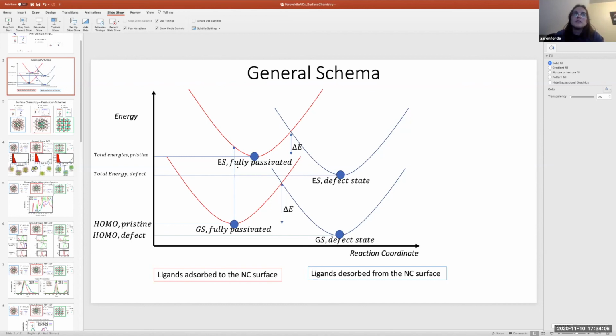Well, it makes sense to me to get the total energies from the way that I did it, because I compute the total energies of the defected model, and then I just add in the energies of the products of the leaving groups. If that makes sense. So each state has the same number of electrons, same number of ions, but the way that they're arranged in space is different.